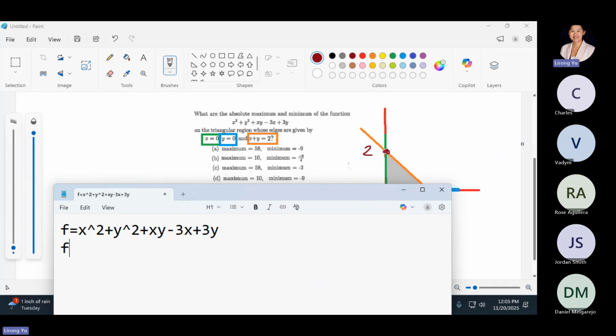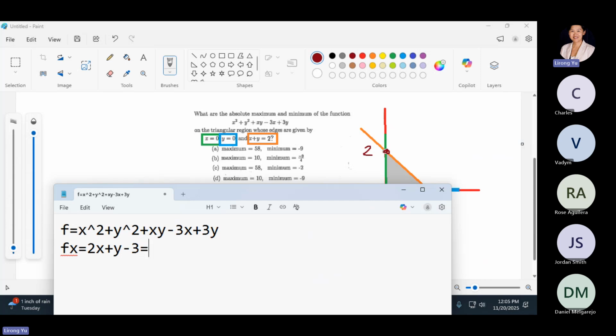So we have the partial derivative in x, which is 2x plus y minus 3. The derivative of xy with respect to x is y, and the last term gives negative 3.